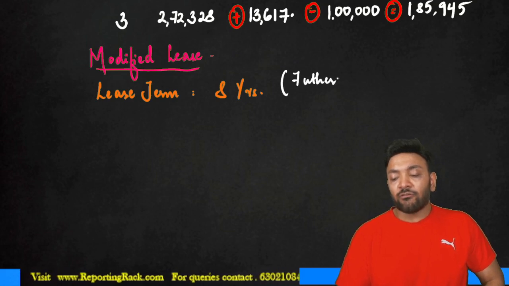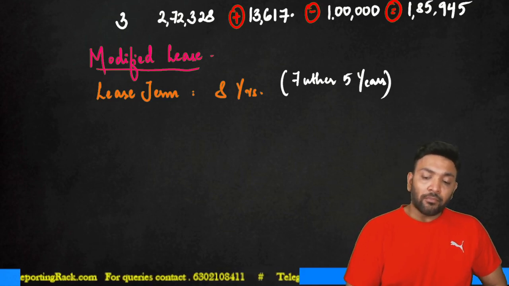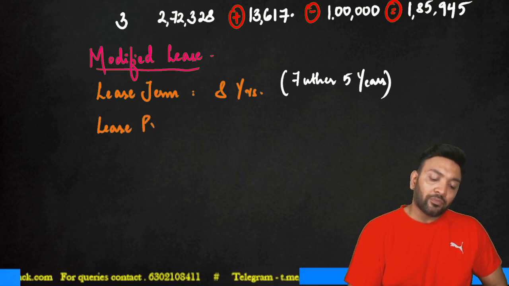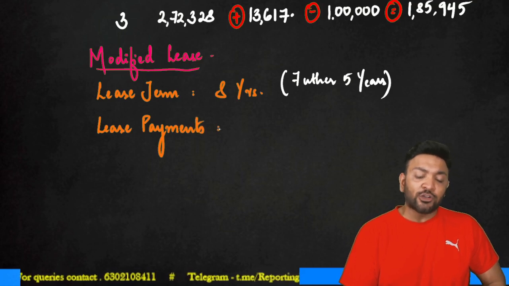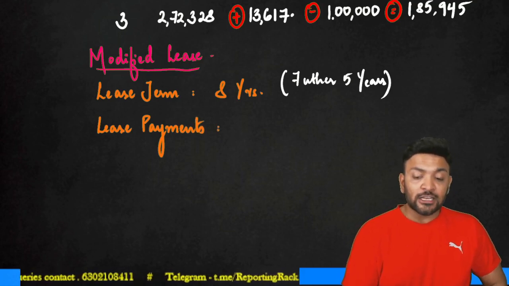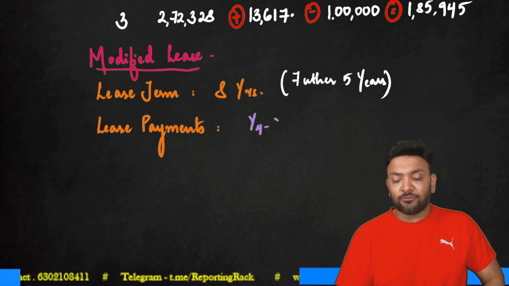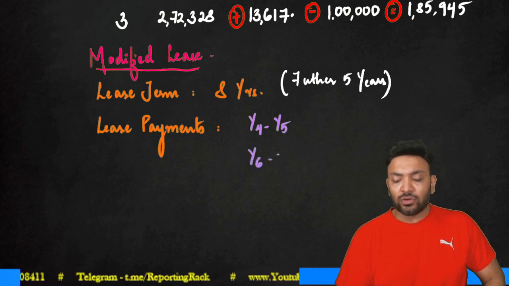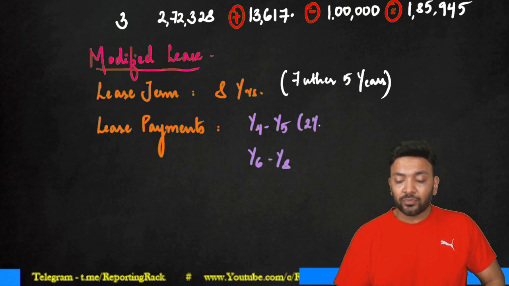So further 5 more years to run. My lease payment, I will split my lease payments into 2 parts. The first part, which represents year 4 to year 5. Second part, which represents year 6 to year 8. 2 years and 3 years.